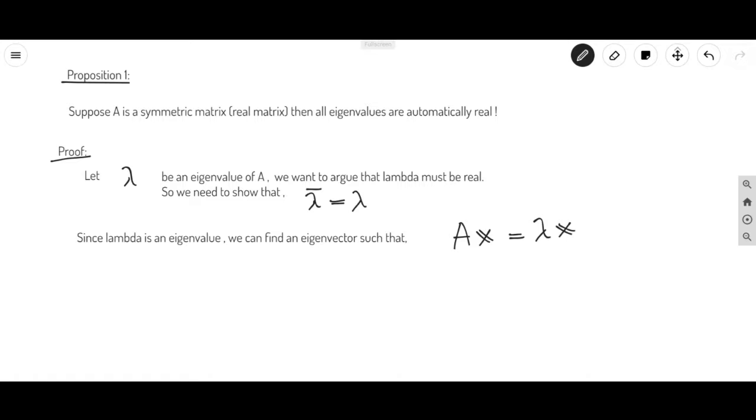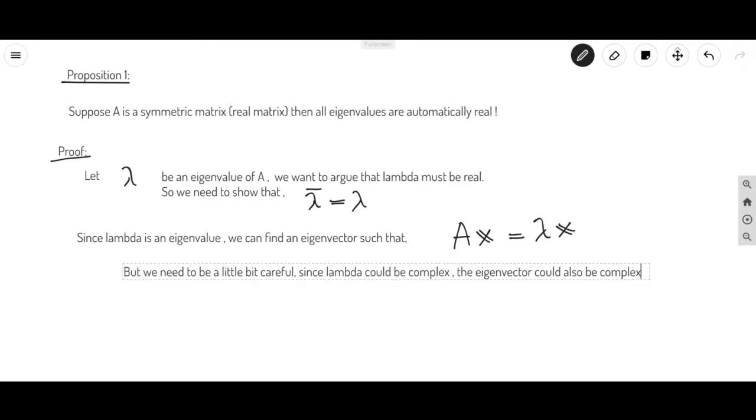But here you have to be a little bit careful, since lambda could be complex. We're basically trying to show that lambda cannot be complex. But since it could be complex, the eigenvector could also be complex, right? So you might be using complex numbers.